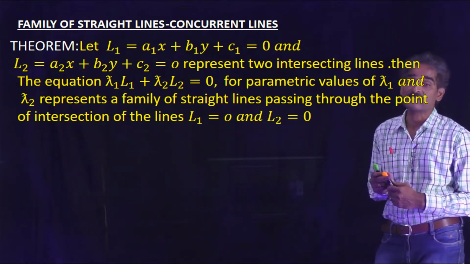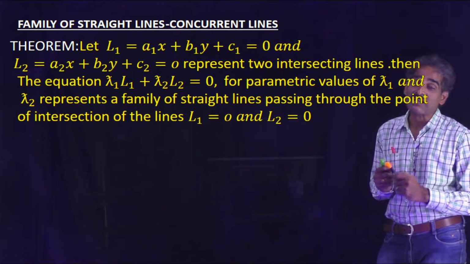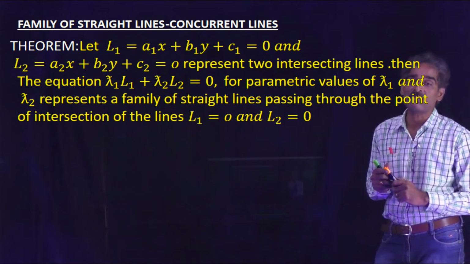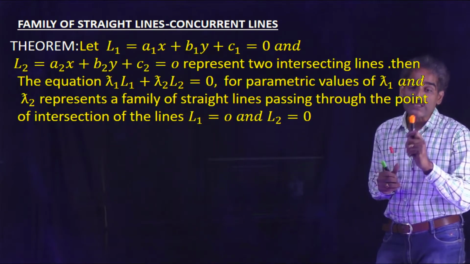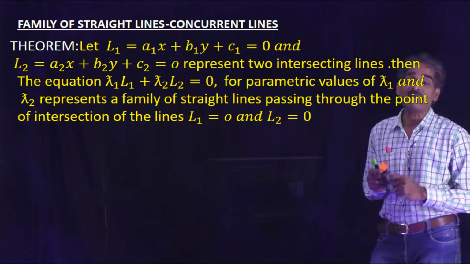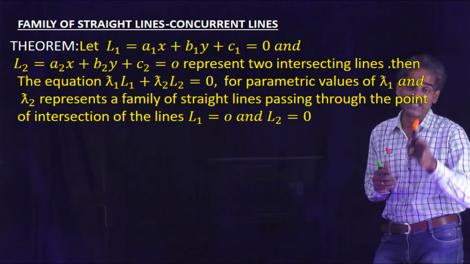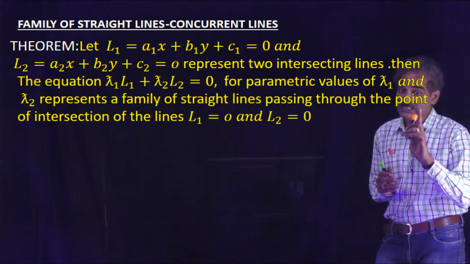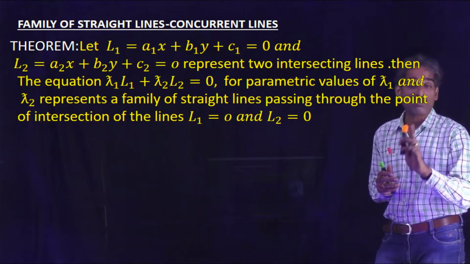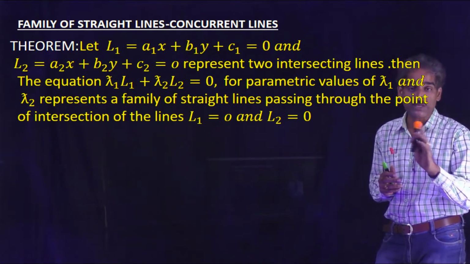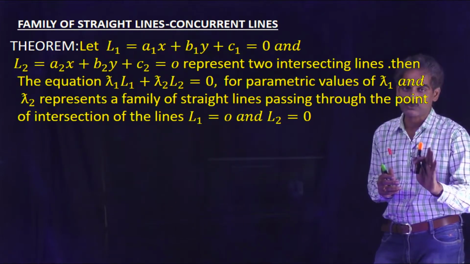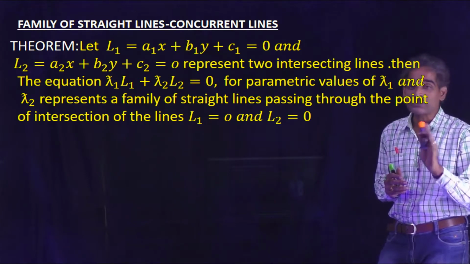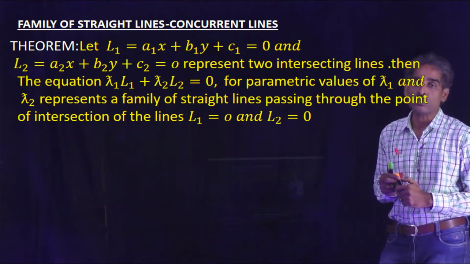Then the equation lambda 1 L1 plus lambda 2 L2 equal 0, for parametric values of lambda 1 and lambda 2, represents a family of straight lines passing through the intersection point of L1 and L2, where lambda 1 and lambda 2 are parametric values.